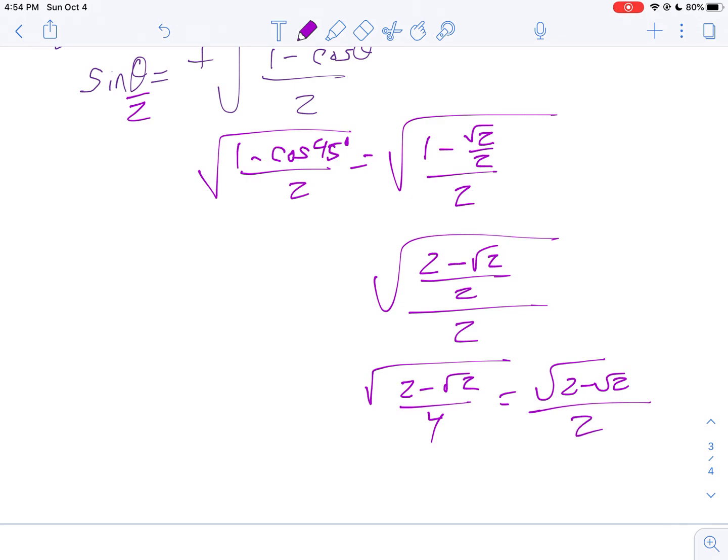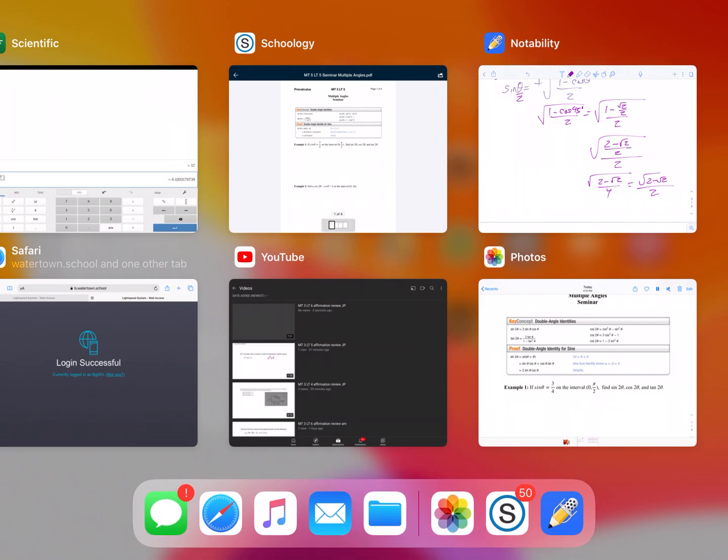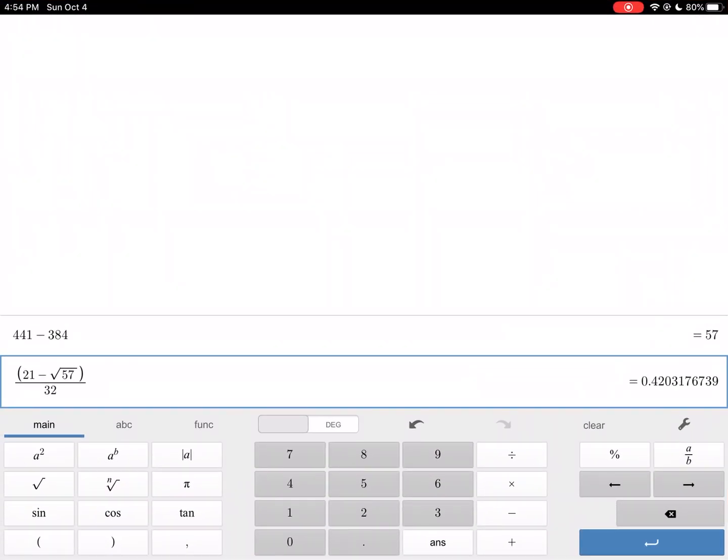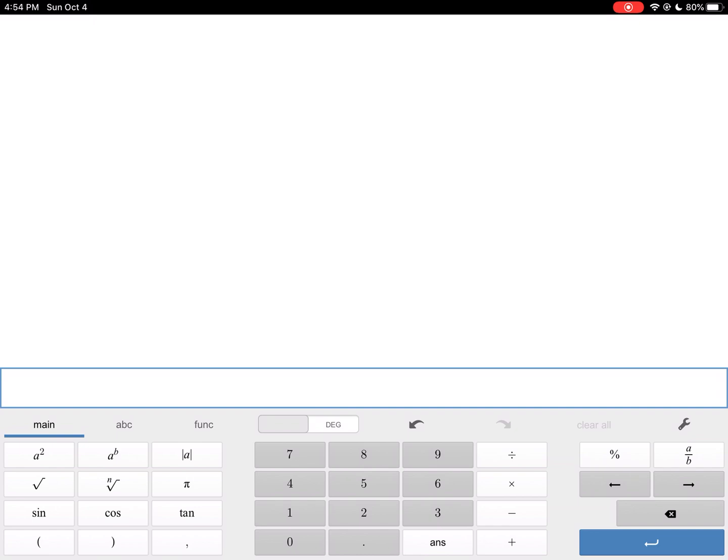Now you can check this with a calculator. Let's find the sine of 22.5 on a calculator. We use a scientific one that's in degrees. So if I take the sine of 22.5, I get about 0.3826, don't I?